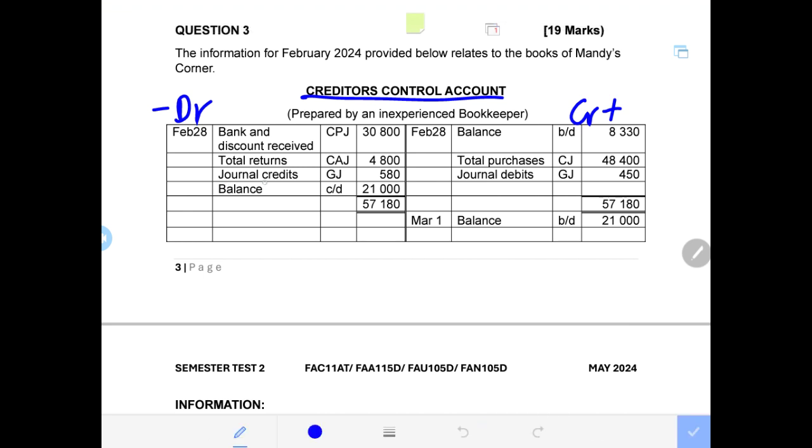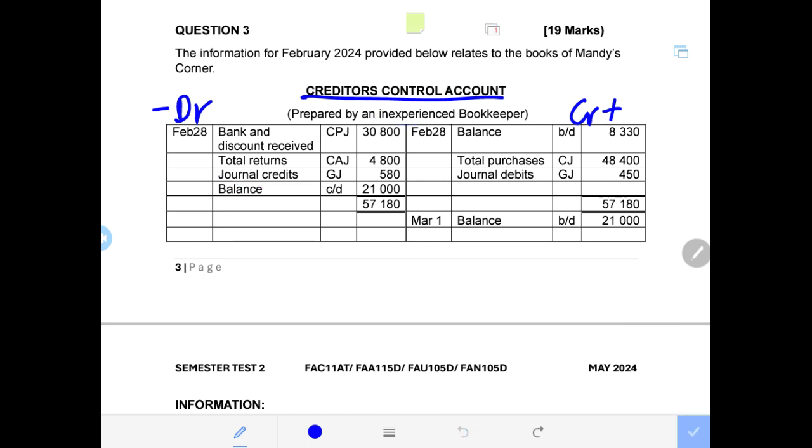Then we have journal credits. Remember, journal credits are supposed to be on the credit side, not on the debit side. So now the journal credits will have to be transferred to the credit side of the creditors account. This is one of the mistakes made by this inexperienced bookkeeper.